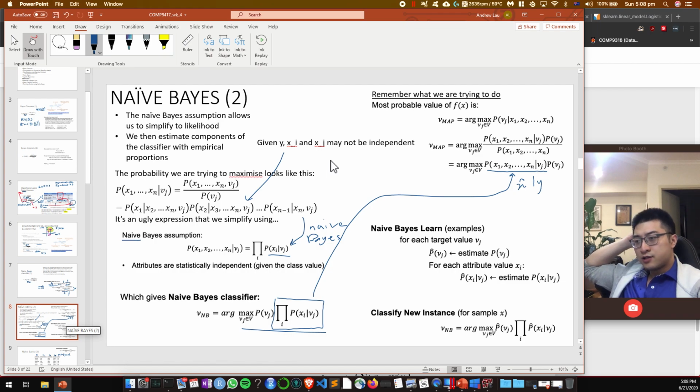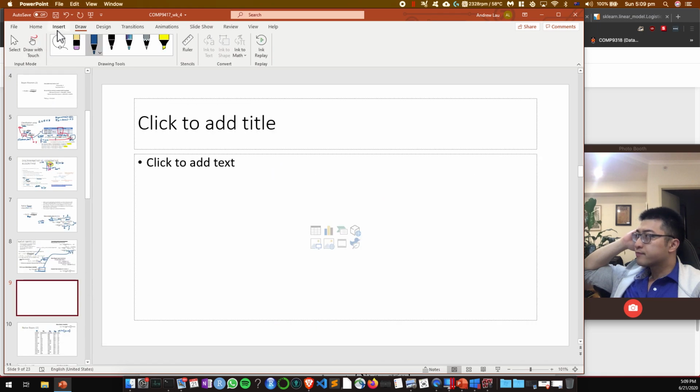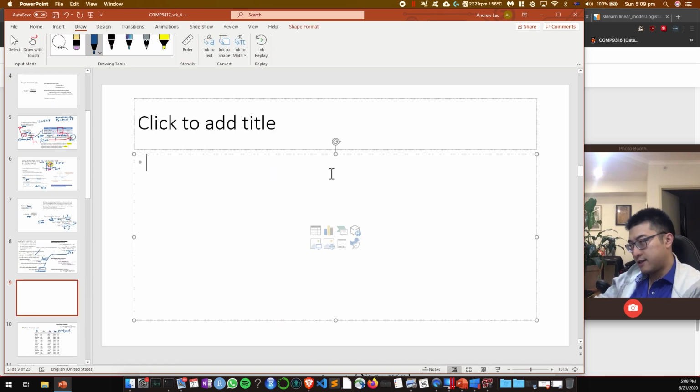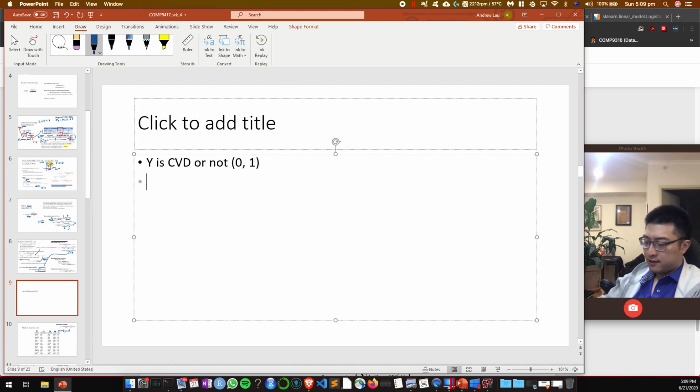Yeah. So let's say, for example, we're trying to predict whether someone has heart problems, cardiovascular disease. So in that case, let's say the target is cardiovascular disease or not. So let's just call it 0, 1. So 1 is cardiovascular disease.